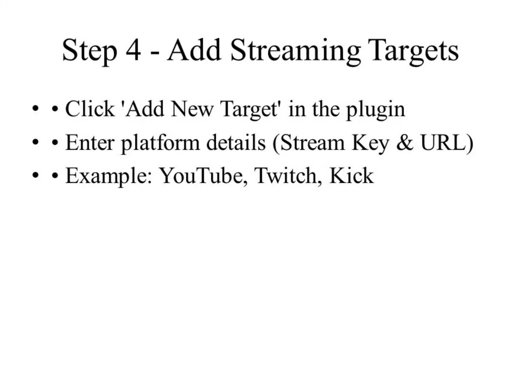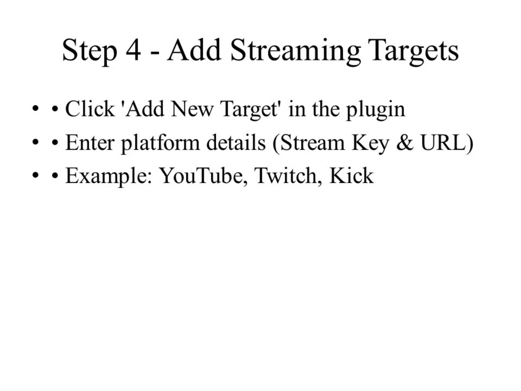To start streaming on multiple sites, we need to add streaming targets inside the multi-RTMP plugin. So adding Kick as a streaming target, you can click Add New Target and name it Kick. And if you're adding YouTube, you can just name it YouTube. If you're adding Twitch, you can just name it Twitch.